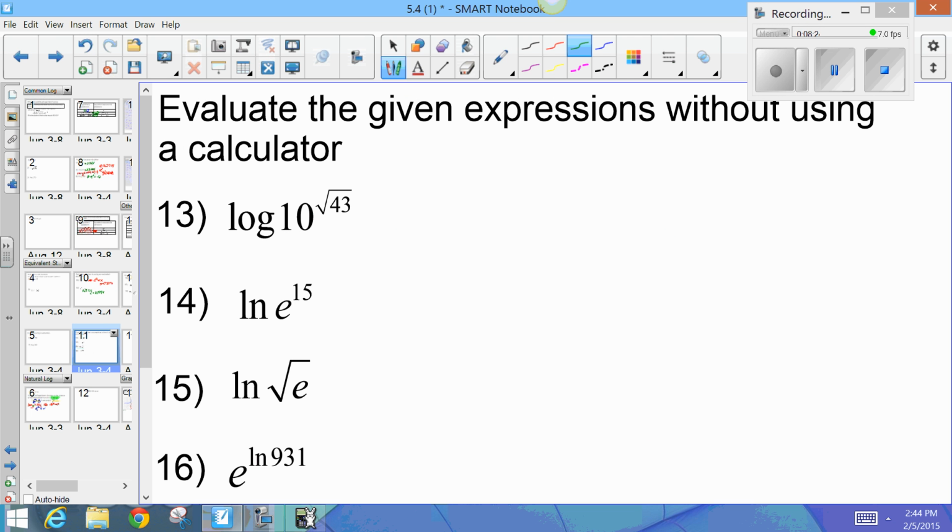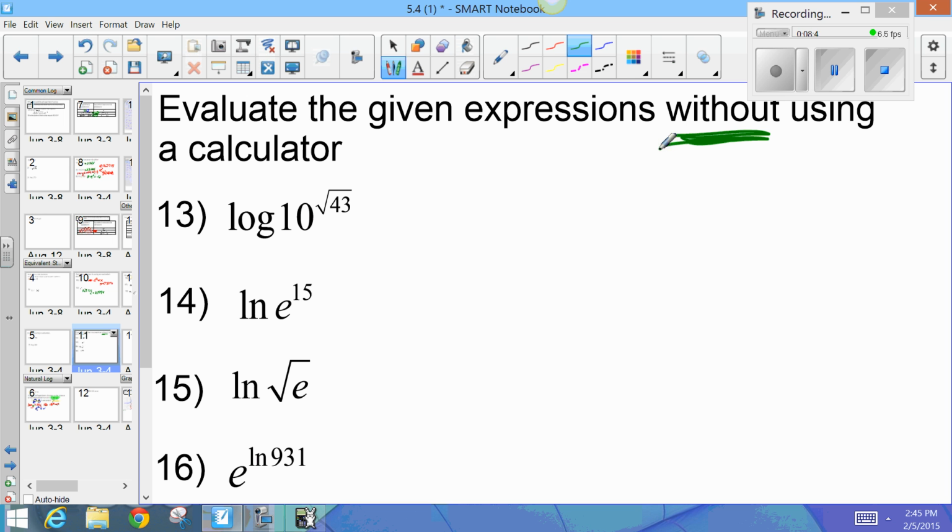Evaluate without using a calculator. We're again going to write equivalent statements. The log of 10 to the power of the square root of 43. So let's write a different statement for this.